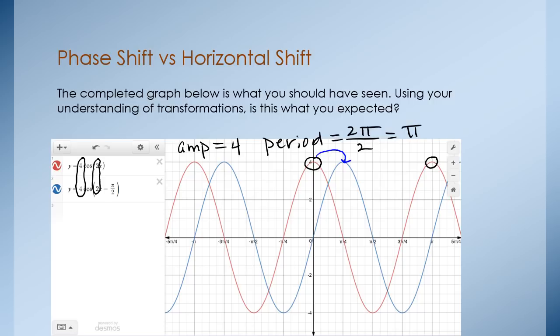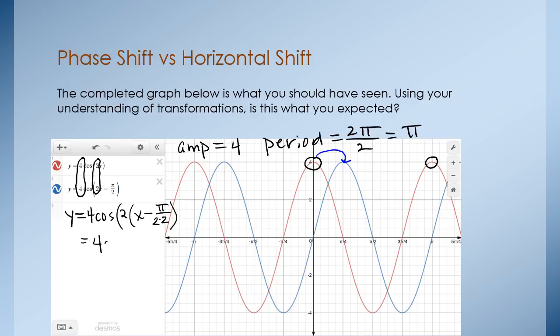So where does that pi over 4 come from? Well, it turns out that in order to say anything about the horizontal shift of a function, we have to relate the inside of the function not to 2x, but just to x. So that means I need to factor the 2 out. If I factor a 2 out of what is inside of the parentheses, I'm left with x minus pi over 2, but to account for that 2 that I just factored out, I have to put another one there.